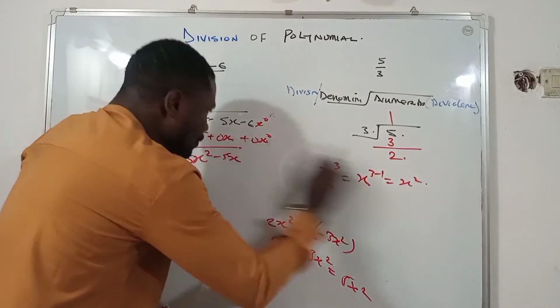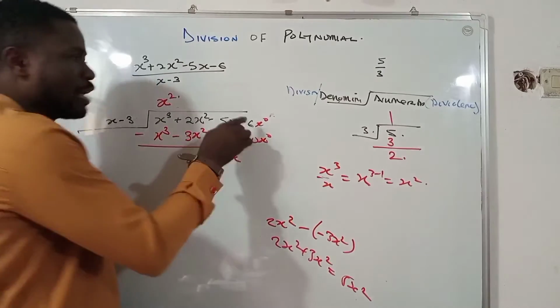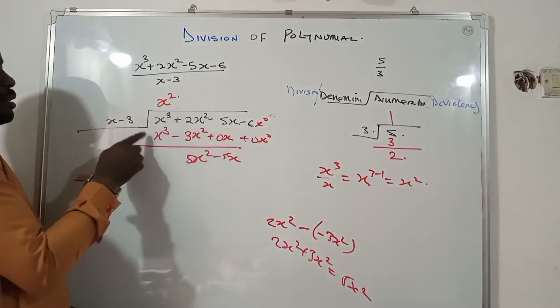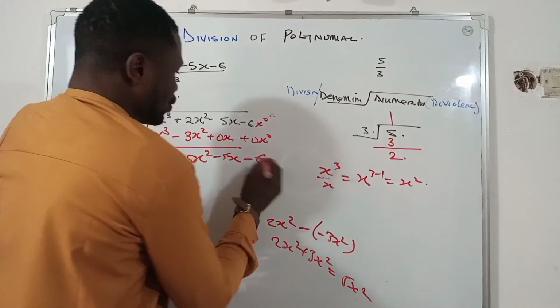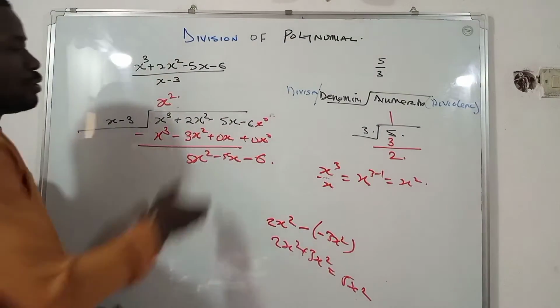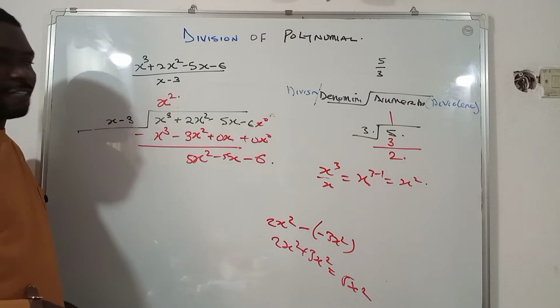That means there is nothing here, so I have not changed anything. So if I now say minus 6 minus this 0, my answer will be minus 6. Which is why people will tell you to bring down minus 5x, bring down minus 6.